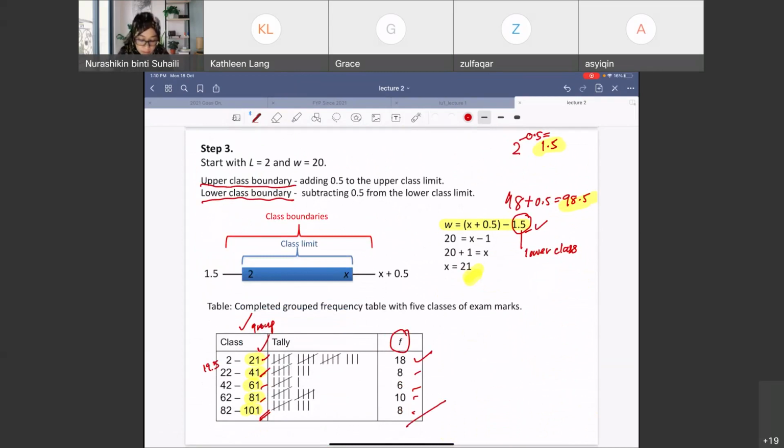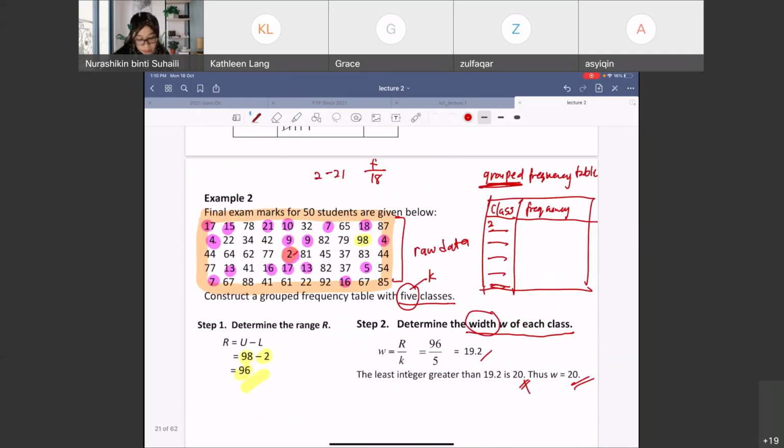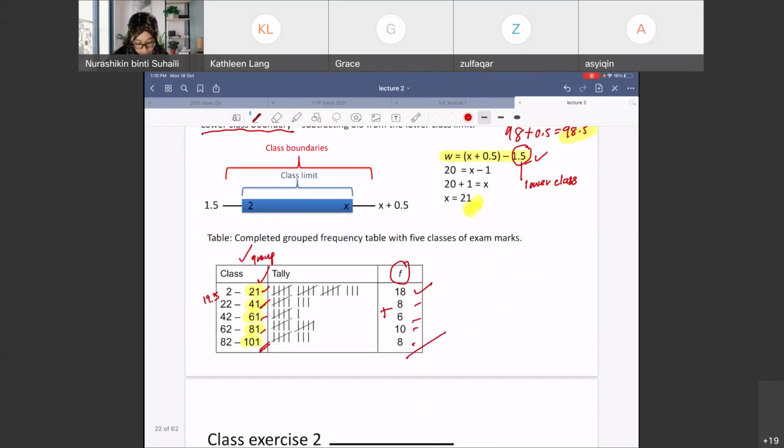You have to sum up all of this and check with the data here. We have 5 times 10, so it should be 50 data. So if you sum up 18 plus 8 plus 6 plus 10 plus 8, is it 50 or not? If it is not, then something is wrong in your calculation.